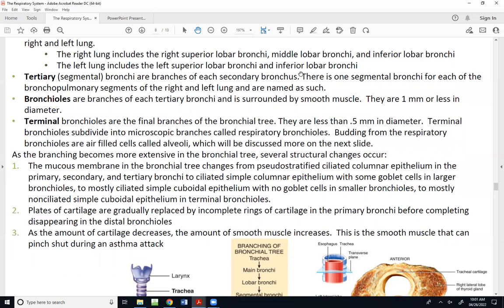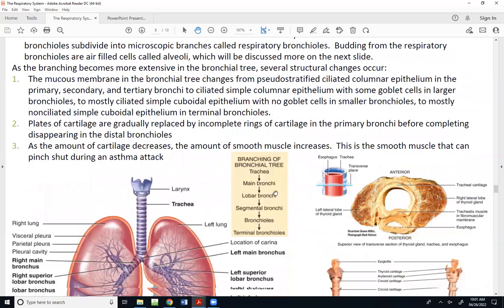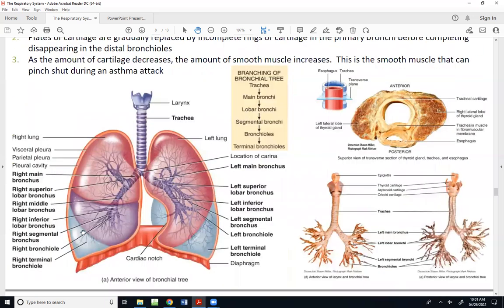Okay, and those lobes are actually color coded here in the picture. The pink shows you the superior lobe, purple for the middle lobe, and then the inferior lobe is in blue, whereas we only see pink and blue here on the left side. And that's because your left lung is actually smaller than your right lung. And that's because of this structure.